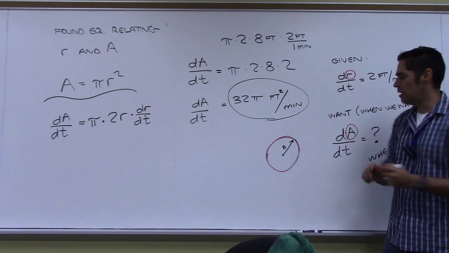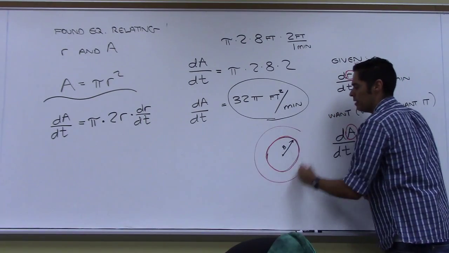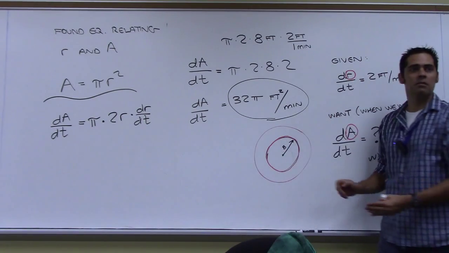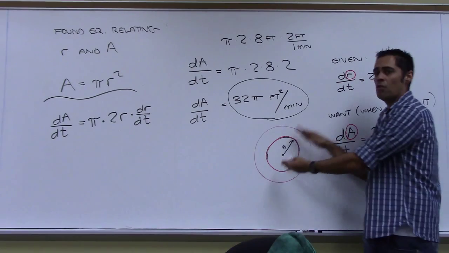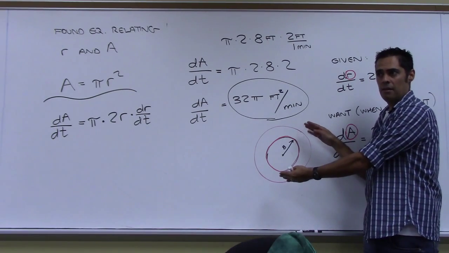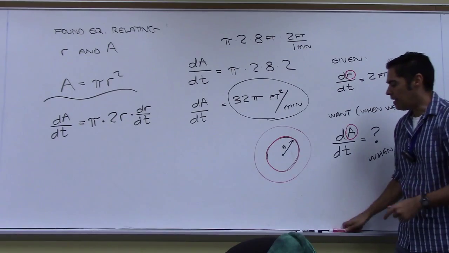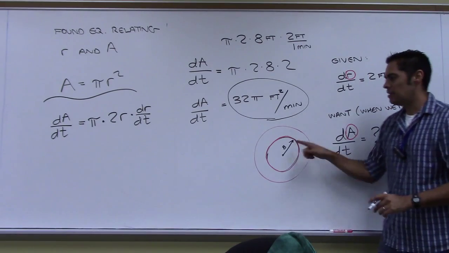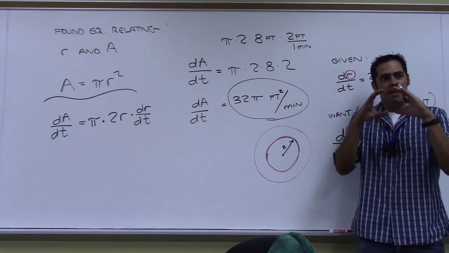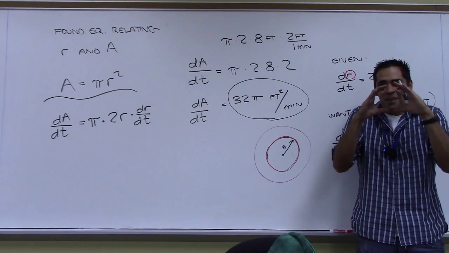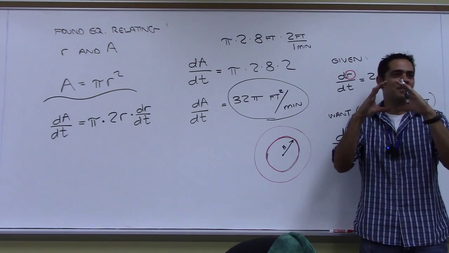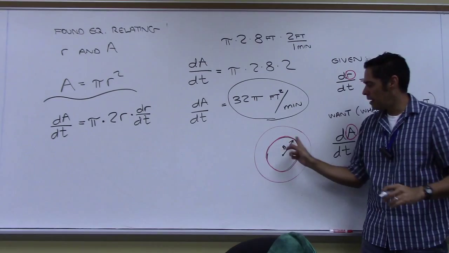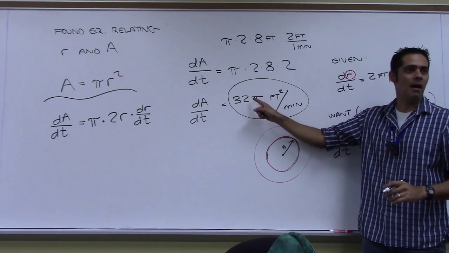What I'm not saying is what the area is 1 minute later. 1 minute later, it grows by 2 feet, right? I'm saying at that instant, exactly that instant in time, it was moving. And if it just moved on an infinitesimally small increment of time, then that area would change by 32 pi.